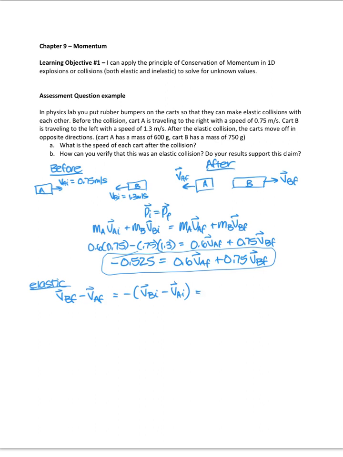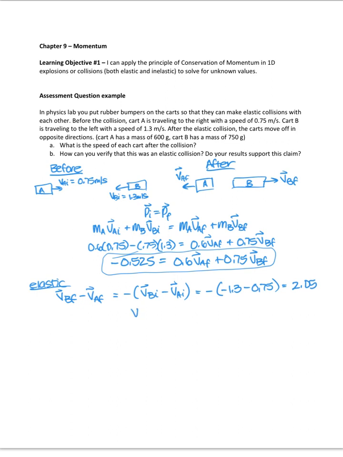Now we know the initial velocities, so the initial velocity of B was minus 1.3, and the initial velocity of A was 0.75. And so this ends up to be, and what we get here is 2.05. So what does this tell me?